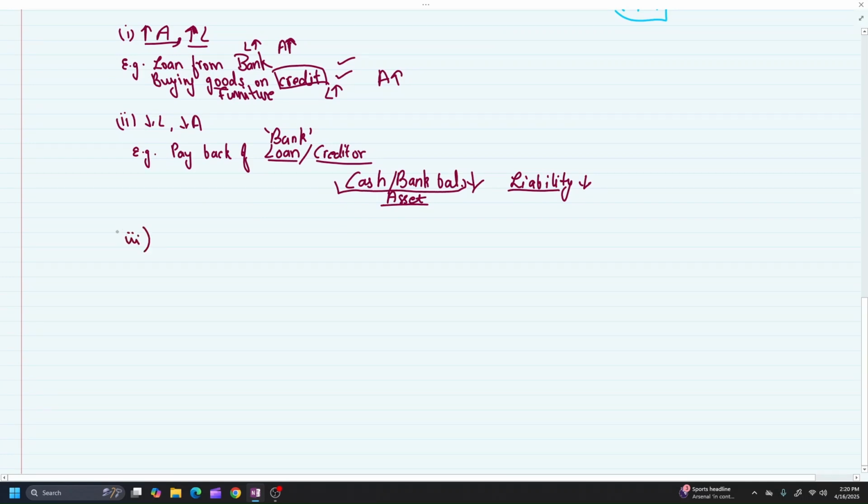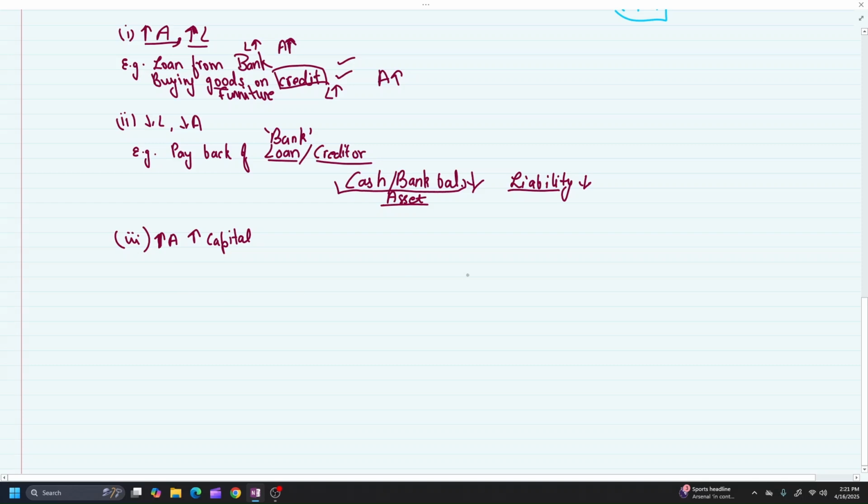Third is increase in asset and increase in capital. So now give me an example for this.